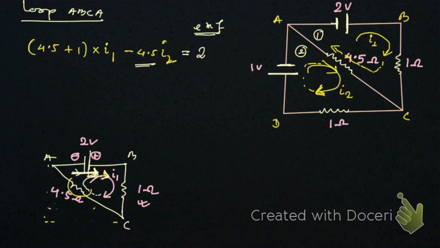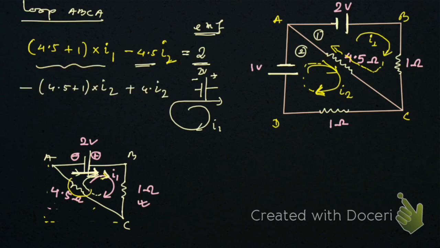When should we take positive? When the direction of current you have chosen is from negative terminal to positive terminal. Here we have taken the direction of I1 in this direction, right? This is 2 volt. So when you write on this right hand side, that should be positive. Okay, so that's how we can solve. So hope you have understood this.